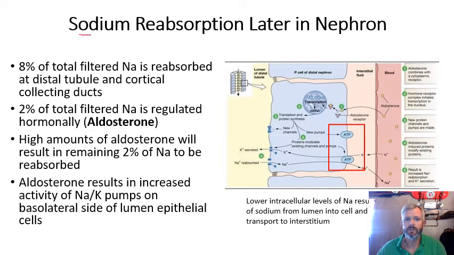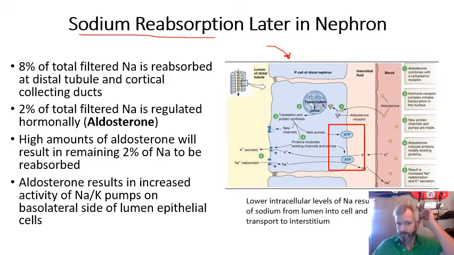Right, so sodium reabsorption. Again, in the distal tubule, here you'll find those cells that line the distal convoluted tubule. So 8% of the total filtered. So using those values from before, 90%.